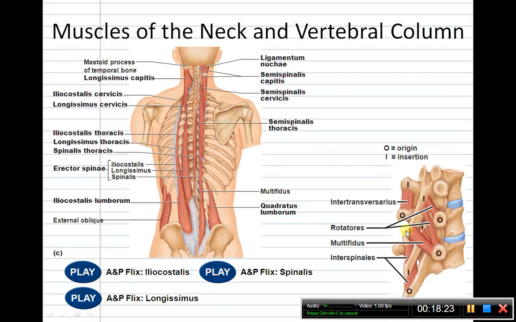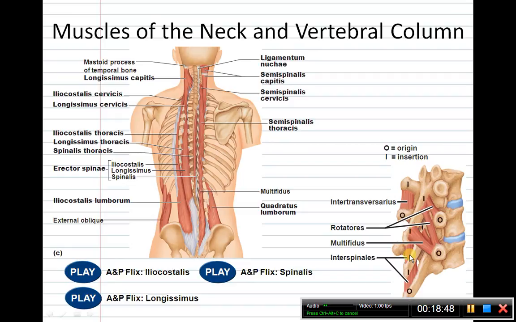Some of the more intricate muscles on the vertebra, and I'm not going to make you remember these, but the names kind of tell you where they are, or what they do. Like the rotators are going to do what to the vertebra in the spine? They rotate it. They turn it on its axis. If you look at something like the intertransverse areas, this is between the transverse processes. So the name inter is telling you it's going between the transverse processes.